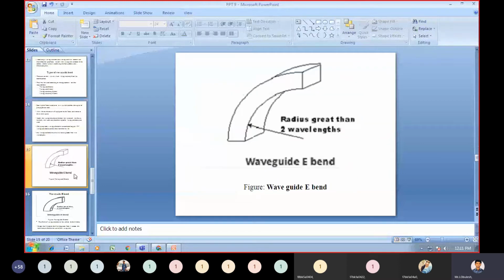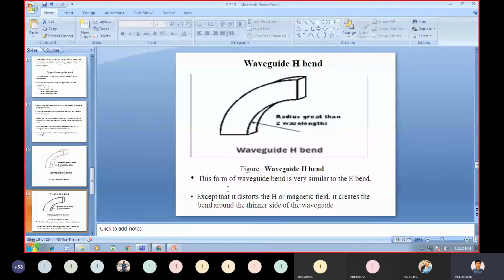See the diagram: the radius of this waveguide E bend is greater than 2 wavelengths, which means this radius R value is double the wavelength. This is the waveguide E bend diagram, and this radius value is 2 wavelengths.